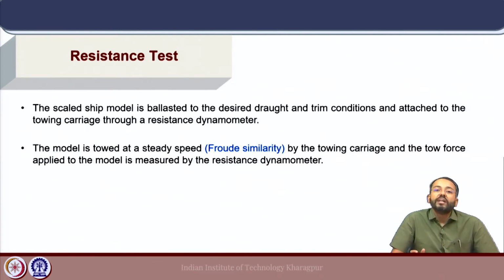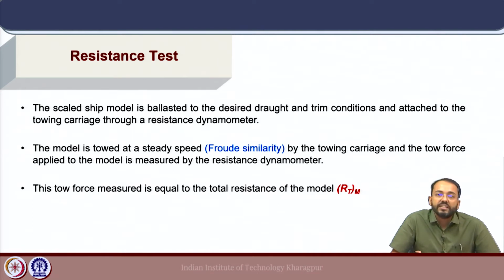Next, we tow the model at a specified speed in the towing tank, and there the tow force is applied using the resistance dynamometer, which we will measure and get the value of the total resistance of the ship in the model scale.